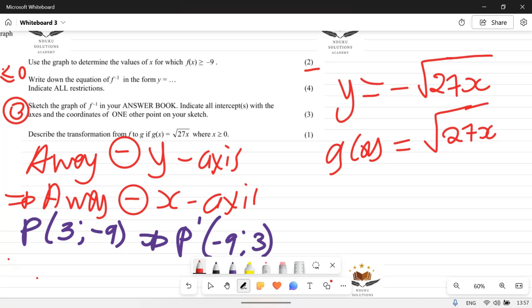And then we say our x must be positive. x must be greater than 0.